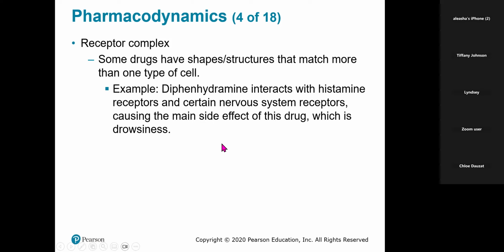Some of these drugs have shapes or structures that match more than one type of cell, such as diphenhydramine, which interacts with histamine receptors and certain nervous system receptors. This is why we get that main side effect that you hear with Benadryl a lot, which is drowsiness. And I know personally that affects me greatly.